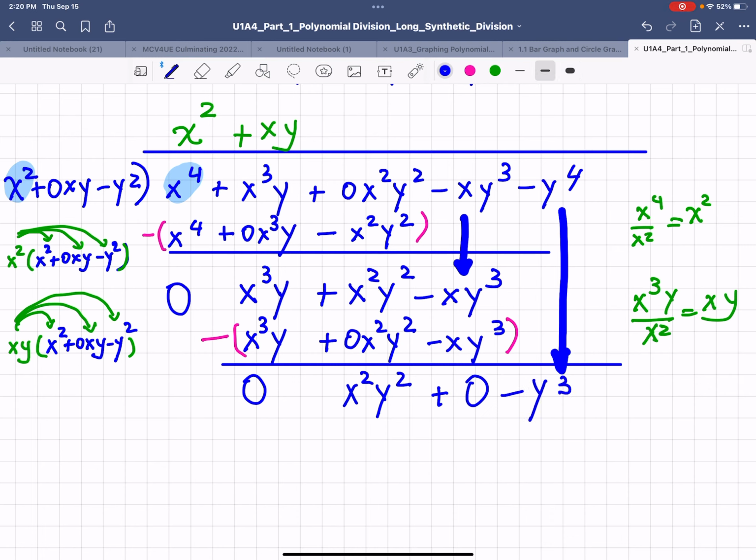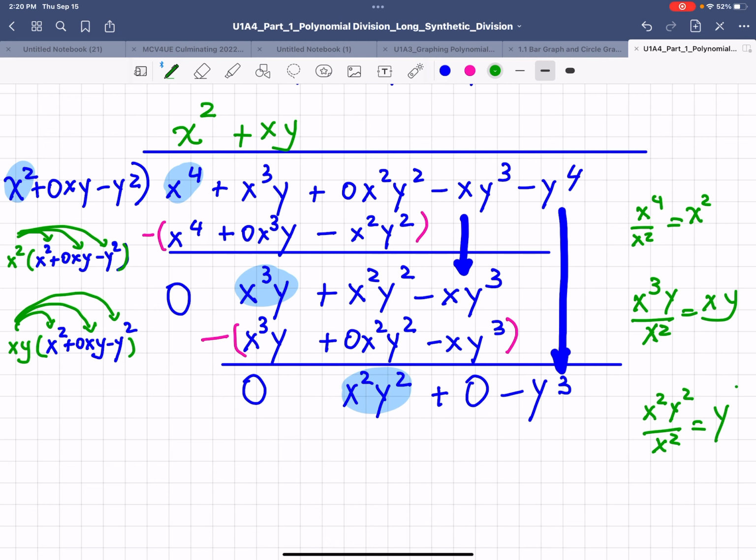And again, same idea. We are comparing the first term in the divisor with the first term in whatever is left from the polynomial. We do that in the same way. So we take what is left in the polynomial, which is x squared y squared, and we see how many times x squared goes into it by dividing it.